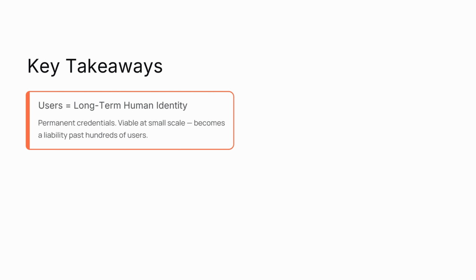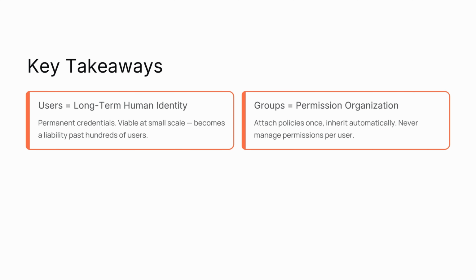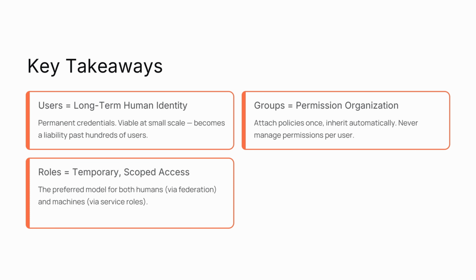Let's summarize what we've learned. An IAM user represents a long-term human identity and works well in smaller environments. IAM groups simplify permission management by allowing policies to be assigned once and inherited by every member. IAM roles provide temporary, scoped credentials and are the preferred model for both humans and AWS services.